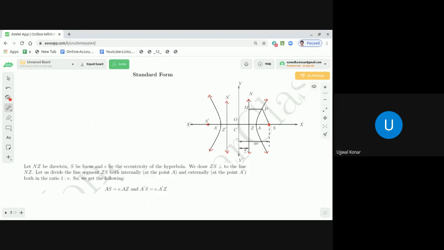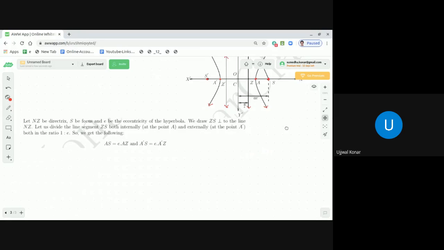Let us divide the line segment ZS, that is very important, both internally at the point A and externally at the point A dash in the ratio 1:E. So we get AS equal to E into AZ, and similarly A dash S is equal to E into A dash Z. That is coming from that internal division and external division.